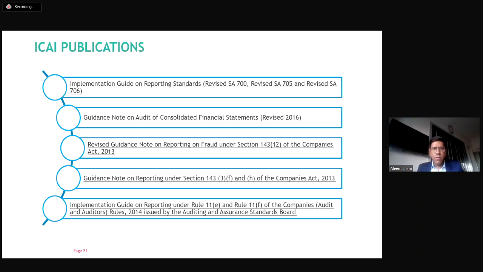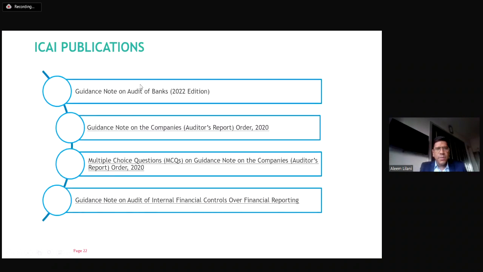The revised guidance note on reporting on fraud under 143(12). This is when you have to report on fraud in the audit report. You need to look at this guidance note specifically. Guidance note on reporting on 143(3)(f) and (h), which I just mentioned. The implementation guide for 11(e) and 11(f) also, which I mentioned a few minutes ago. These are all ready and available on ICAI's website.